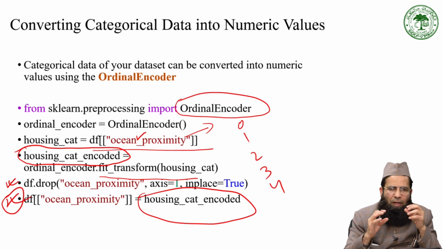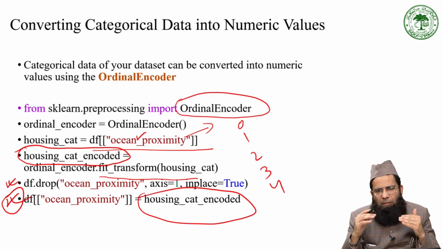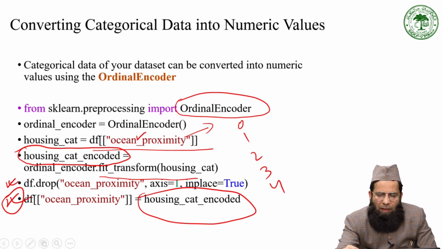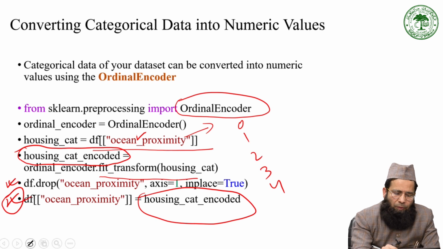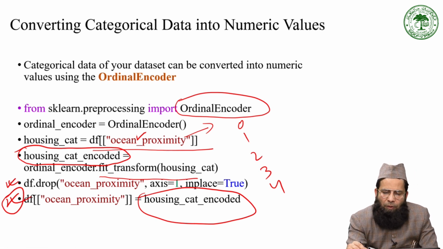What is the problem with the ordinal encoder? It establishes a relationship between these values, so several algorithms identify that these are near to each other. The data is very near between 0 and 1, similarly 1 is near to 2.